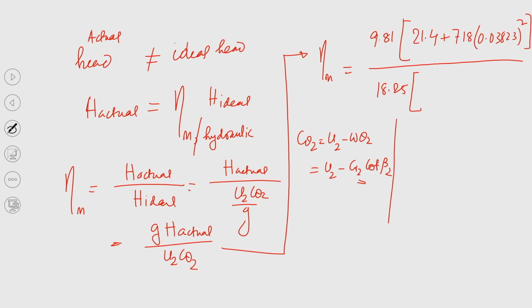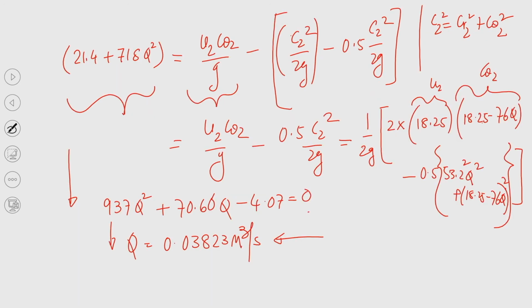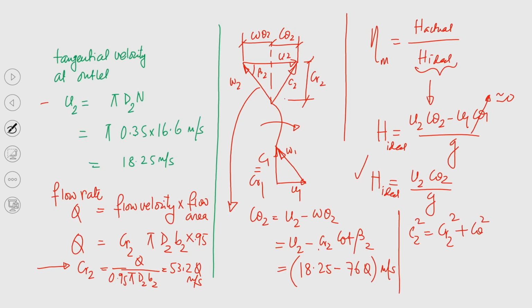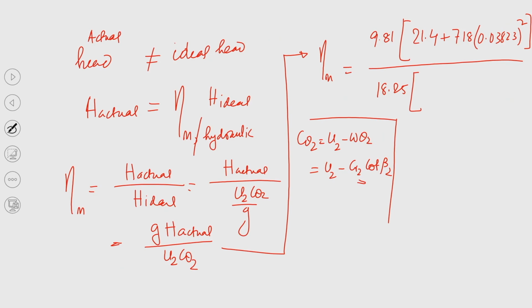So, if we try to write the value of C theta 2 over here, somewhere we have calculated C theta 2, so that is 18.25 minus 76 into Q, into 0.03823, right. So, this is again very simple, just some algebraic calculation.